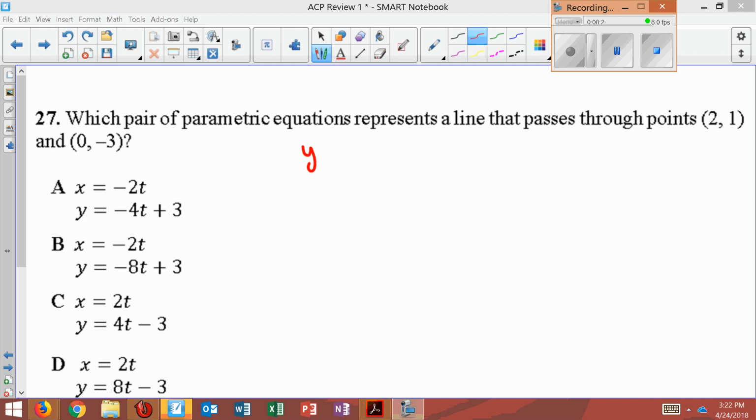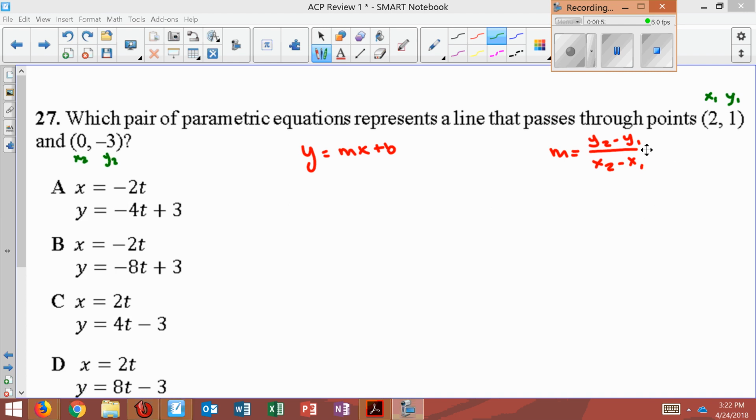First I want to use the equation y = mx + b. To find our m, which is the slope, I use rise over run, where rise is the y value, so it's y2 minus y1 over x2 minus x1. When I plug these in, this is x1, y1, and this is x2, y2.